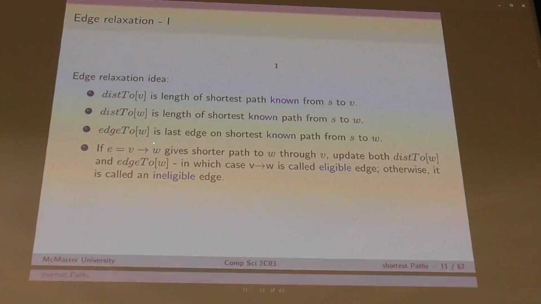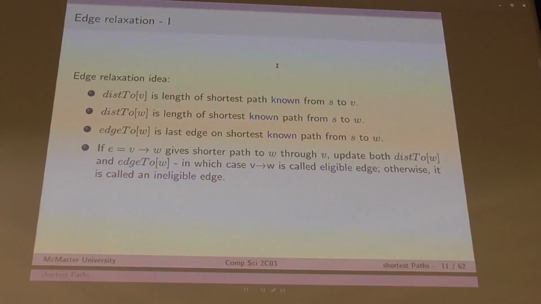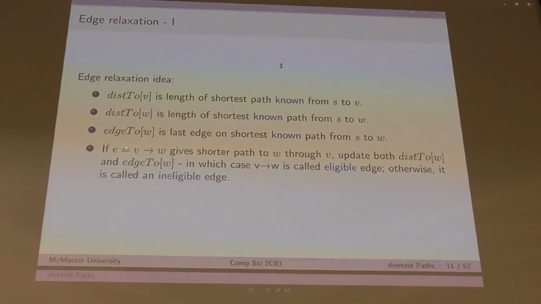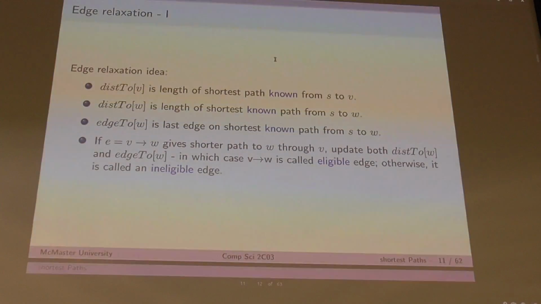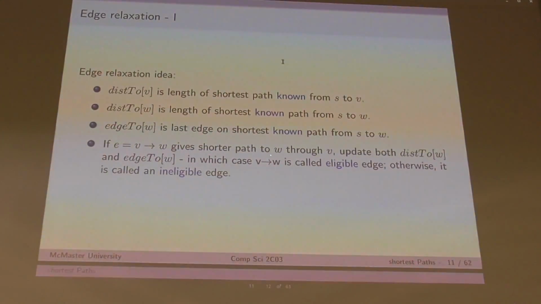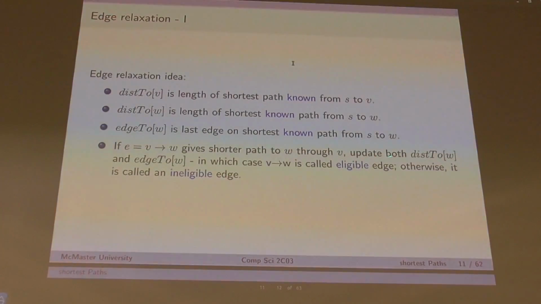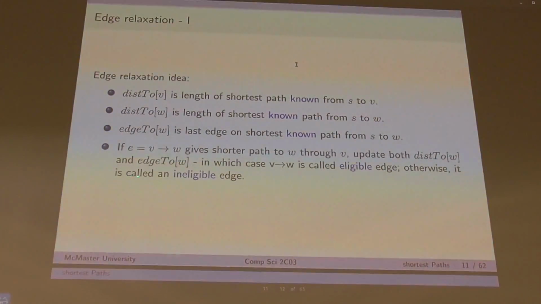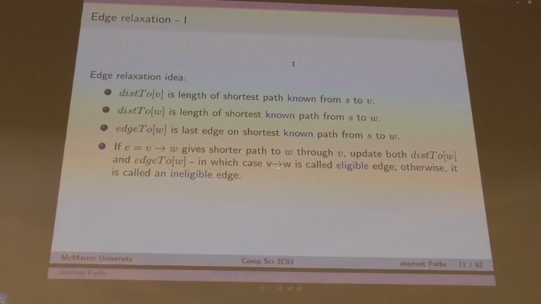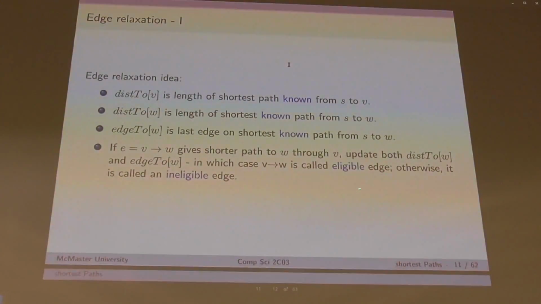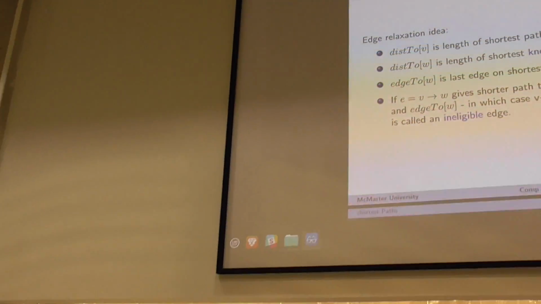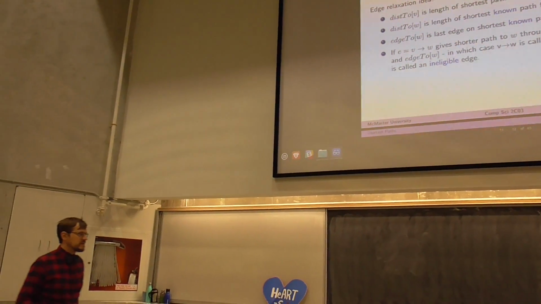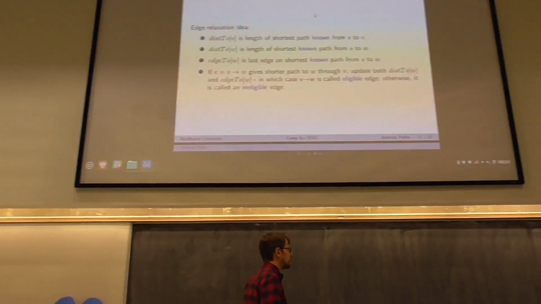Edge to W is the last edge on the shortest known path from S to W. If E, some other edge in the graph, goes from V to W and gives a shorter path to W through V, then we update both distance to W and edge to W, in which case VW is called the eligible edge. Otherwise, it is called an ineligible edge. So that's some mighty pretty words from a set of slides.